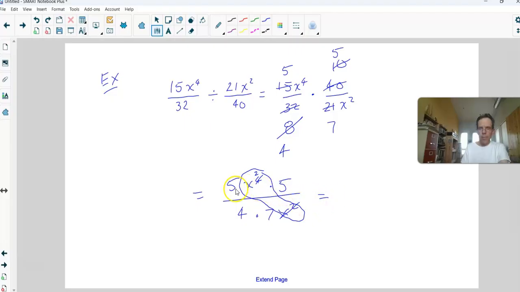What do we have now? 5 times 5, 25x squared. And then we have 4 times 7, which is 28 on the bottom. I don't believe there's any common factors anymore. This is fully reduced. And that's the answer.